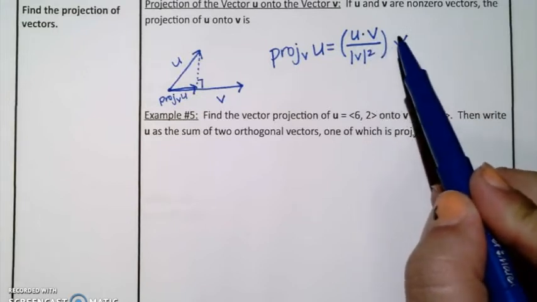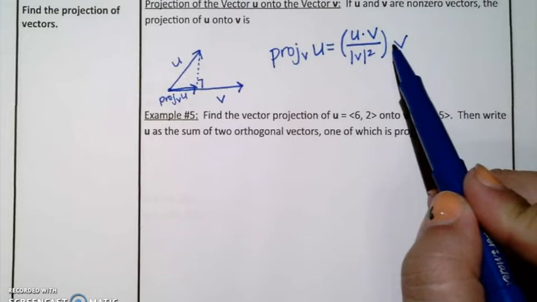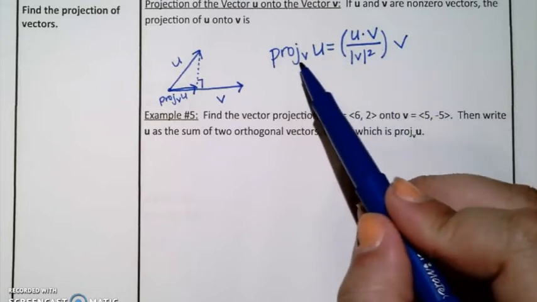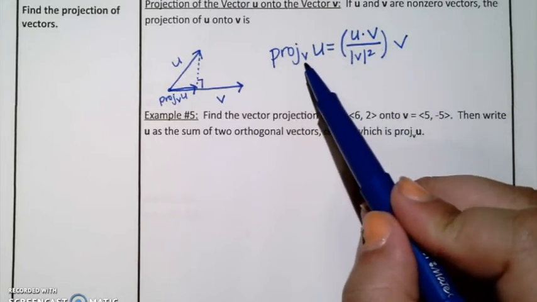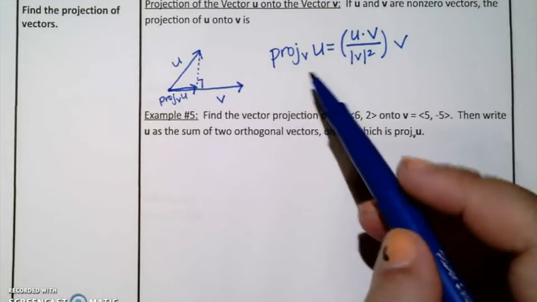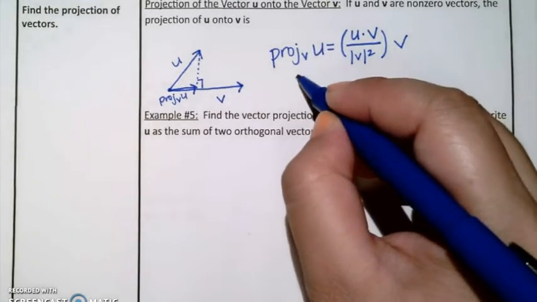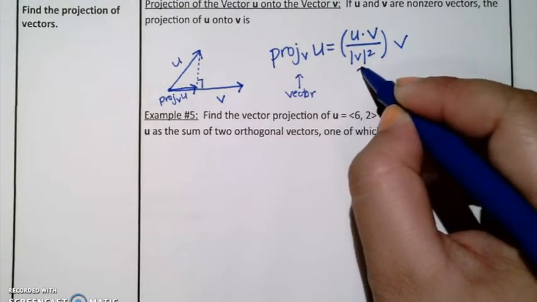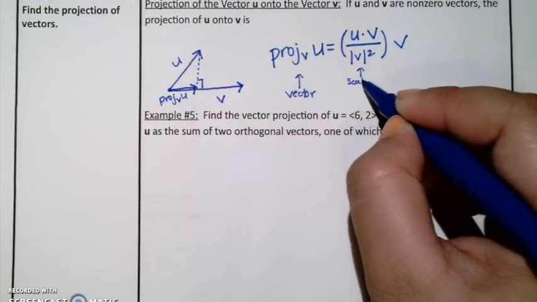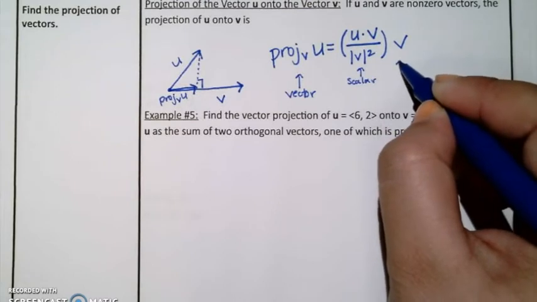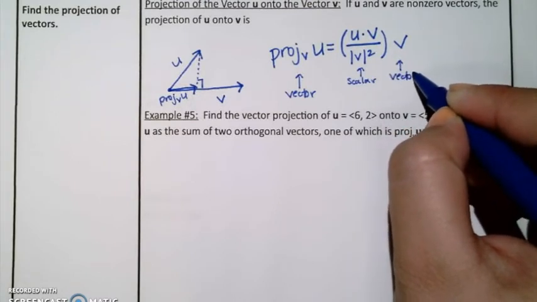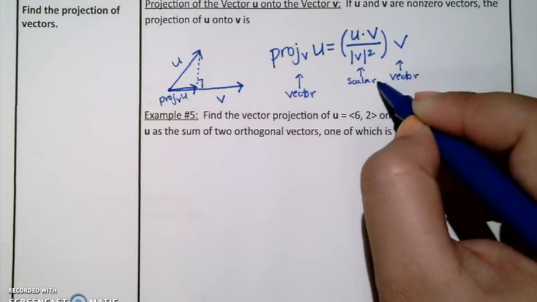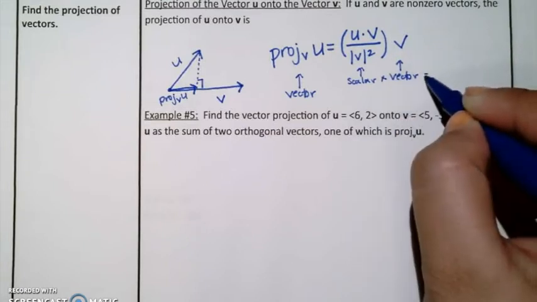So a scalar times a vector results in a vector. So we know that the projection of u onto v is a vector. This part is a scalar. v is a vector. And a scalar times a vector equals a vector.